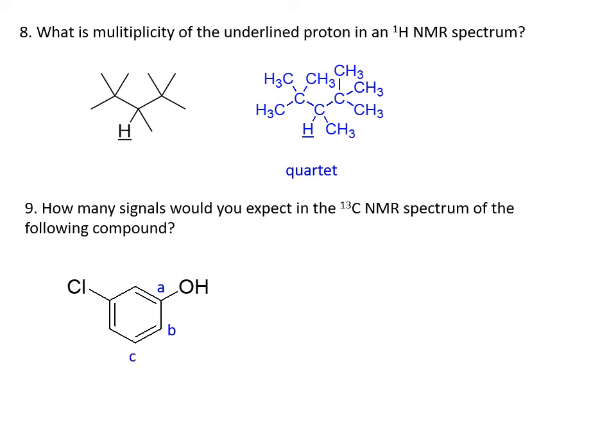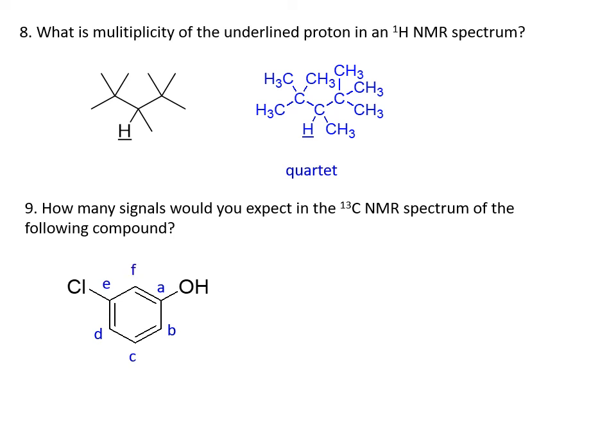Carbon C is equidistant, 2 carbons from the hydroxyl group and chlorine. Again, just 1 carbon like that. D is the carbon that is next to the carbon-chlorine group, or next to chlorine, and across the ring, position 4 from the hydroxyl. Again, unique. Only 1 carbon of the ring is attached to chlorine. Again, a unique carbon.